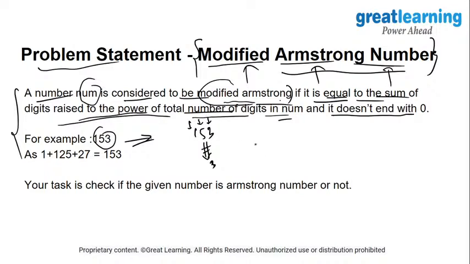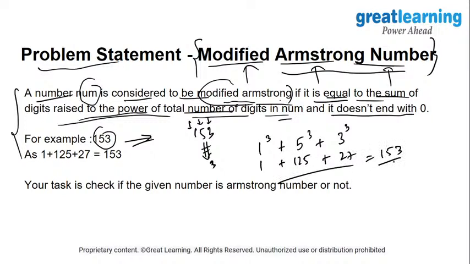Each digit is raised to the power of the number of digits, so 1 raised to the power 3 plus 5 raised to the power 3 plus 3 raised to the power 3. This comes to 1, 125 and 27.